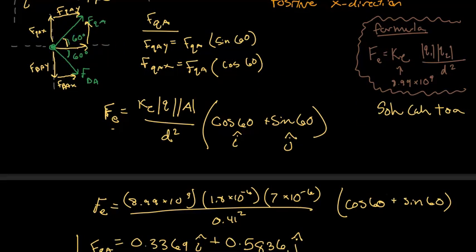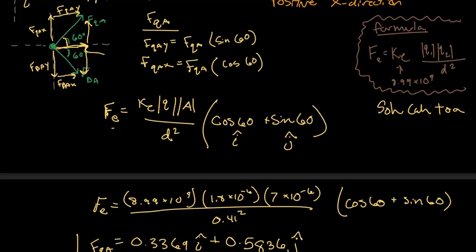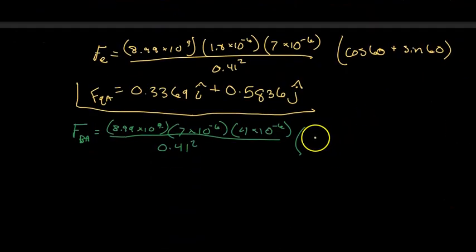For our x, or i component, we will have cosine 60, since we have the hypotenuse and the adjacent.